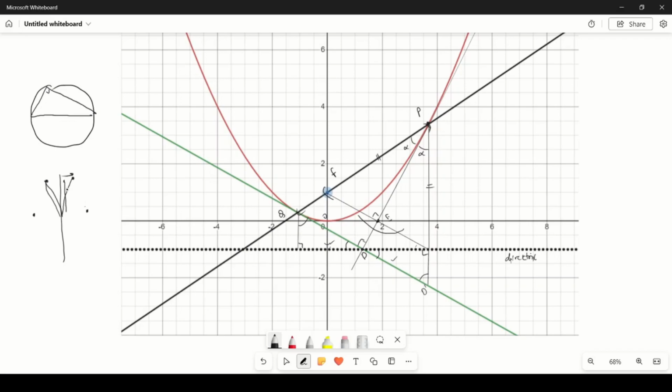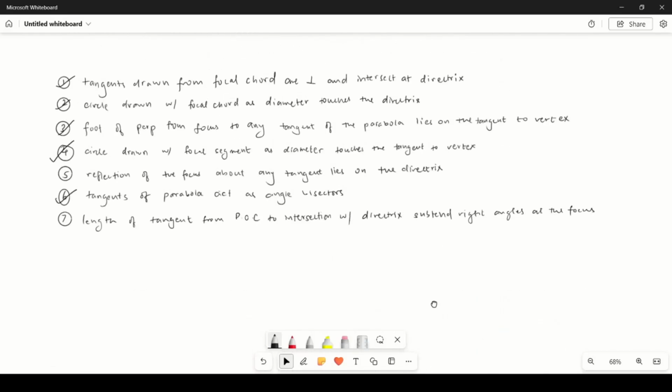And so if you look at the focus here, it's completely perpendicular to this tangent, and so that's just going to get flipped, but that is basically building the isosceles triangle. And so if we have shown that we have an isosceles triangle, it is literally just going to follow from that that the reflection of the focus is going to fall onto the directrix. And so property 5 is also proven.